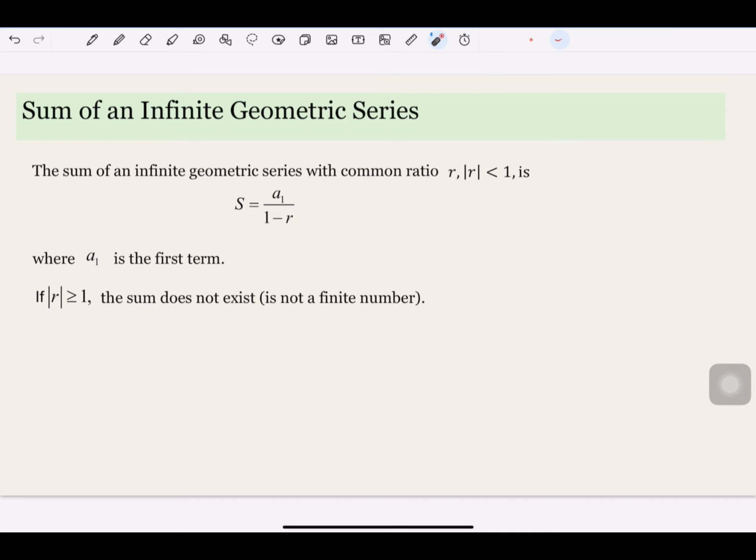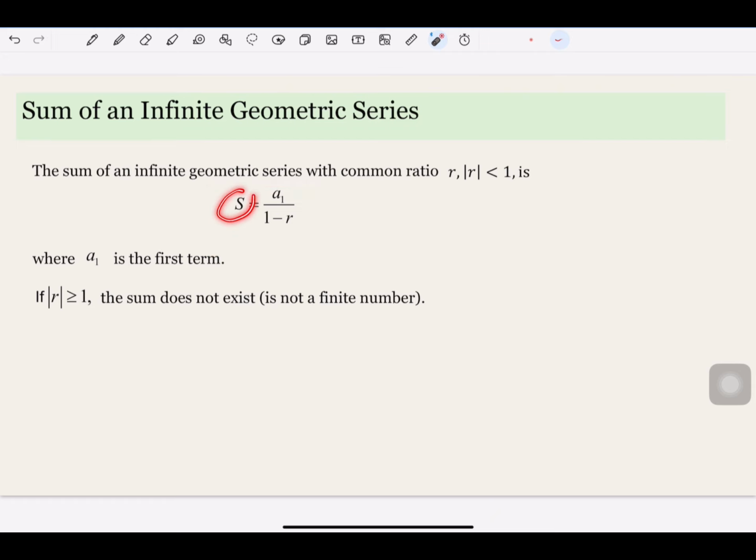To get that, the formula is this. But in order to use this formula, the absolute value of the common ratio should be less than 1. In that case, the infinite geometric series has a finite sum, and we can use this formula to get that sum.